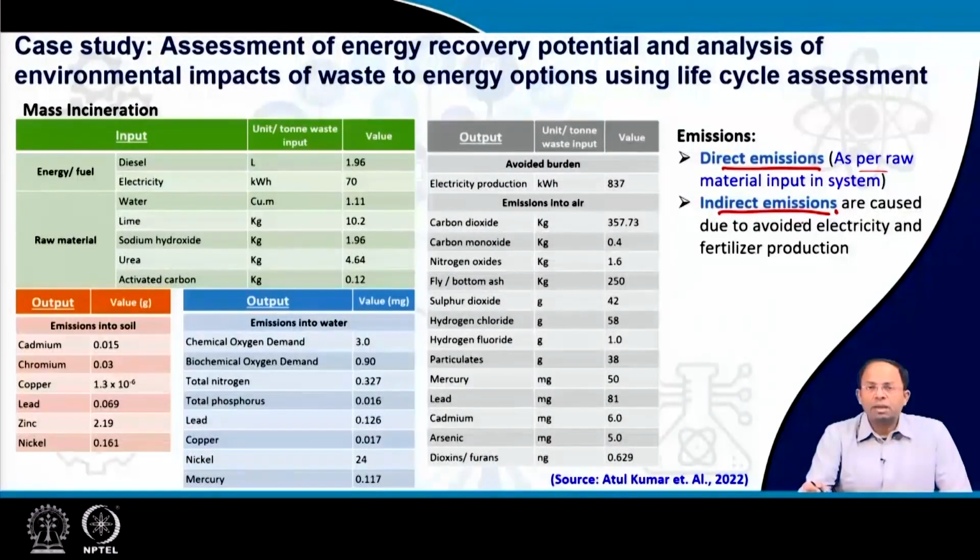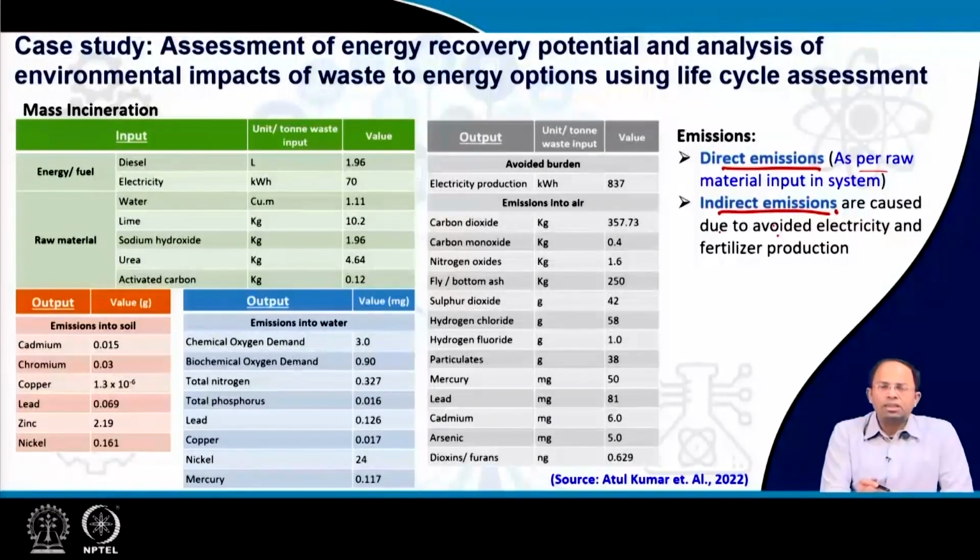Indirect emissions come from the virgin materials we are avoiding producing. Those materials would have resulted in certain emissions, so we have to also keep track of that. Because I am using compost or RDF, I am not generating electricity from coal. If I had generated electricity from coal, there would probably be some emissions and impacts, which also need to be considered when we are analyzing the overall process.